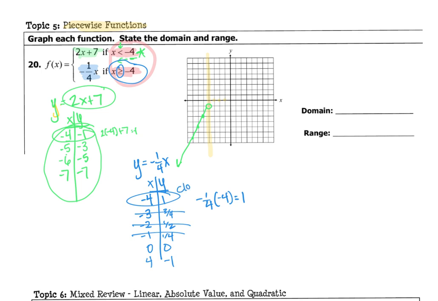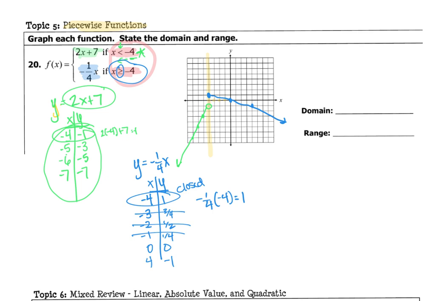If it says or equal to, we're making a closed circle at that point. -4, +1, right here. And then I know I'm going to have 0, 0, and then 4, -1. So this is the piece of the line, and that was really wiggly, but that we are allowed to graph for this equation.